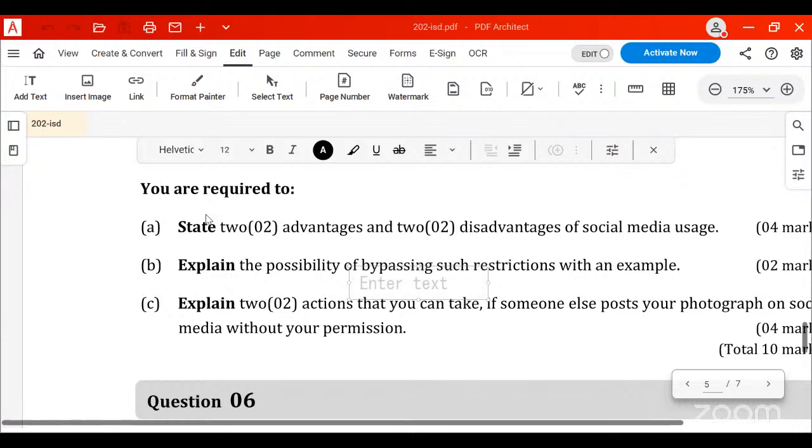A website enables Ceylon Spice to sell directly to consumers worldwide, bypassing intermediaries and tapping into new markets. And the next one is enhanced customer service. Features like live chat, FAQs, and order tracking improve customer satisfaction and engagement. Right? Only two have been asked.